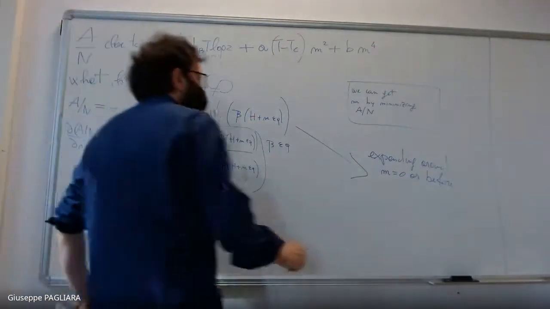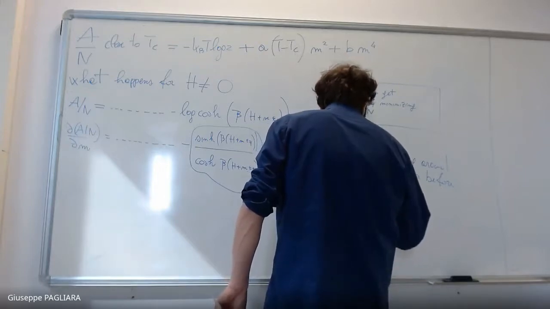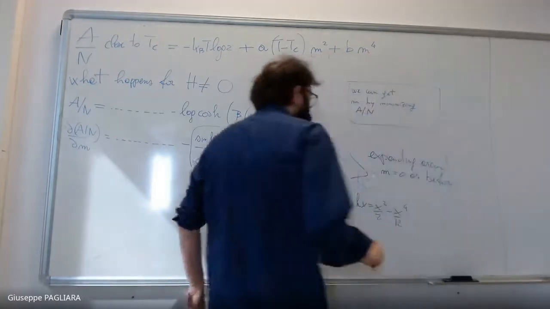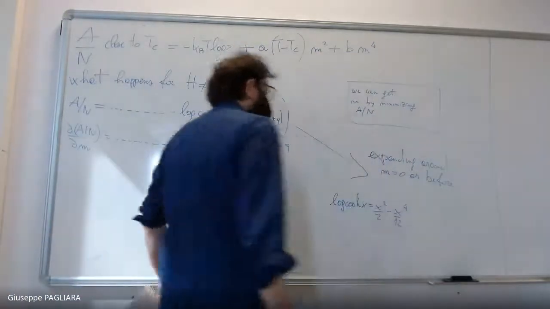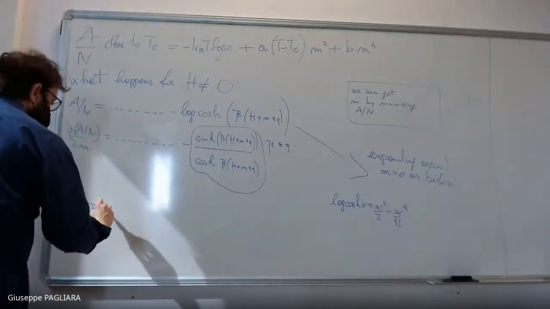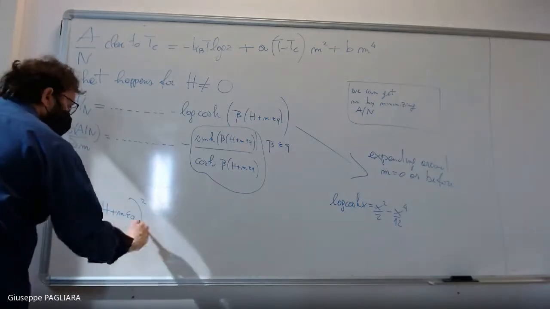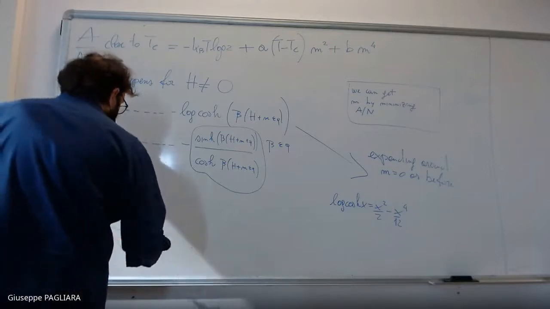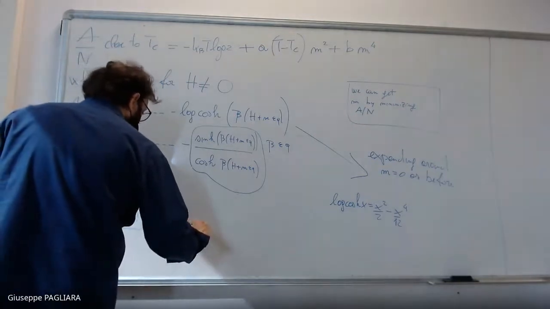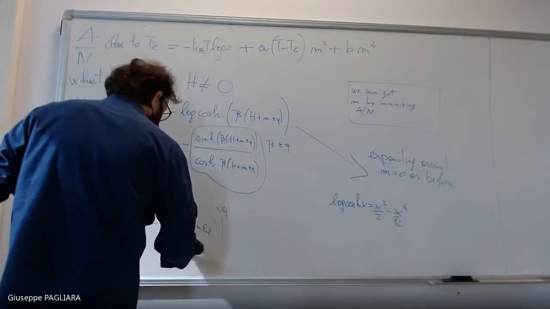Okay, so just to be more clear, the log of cosh of x was equal to x squared divided by 2 minus x to the power of 4 divided by 12. And here, when I do this, I get (beta h plus m epsilon q) squared divided by 2, and the same quantity to the power of 4 divided by 12.